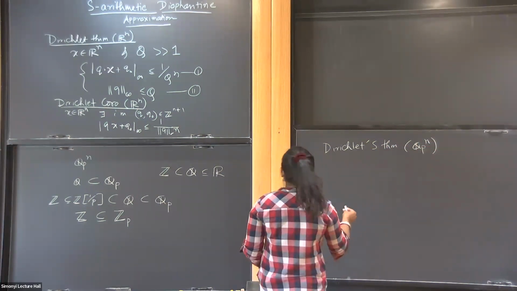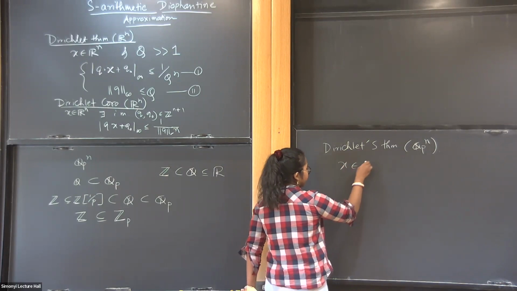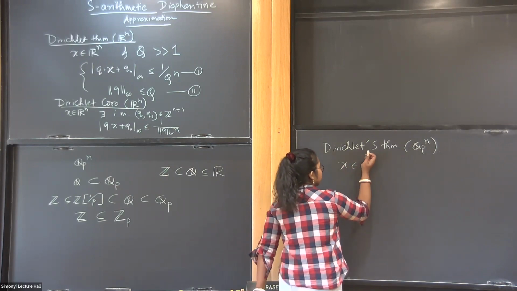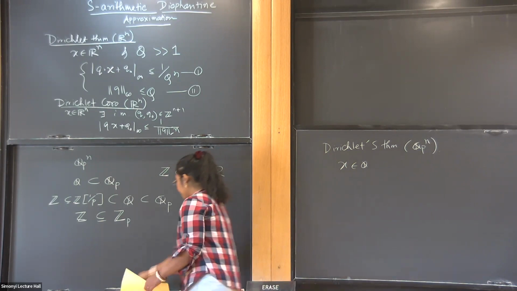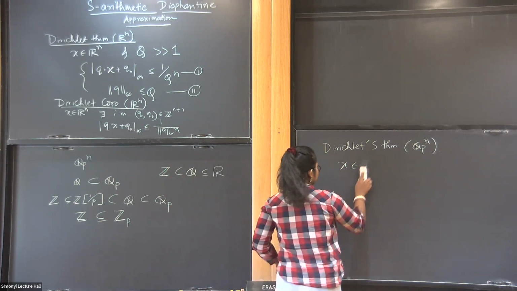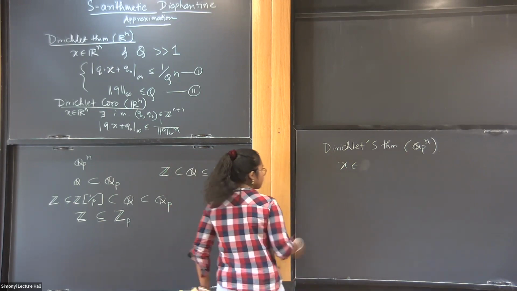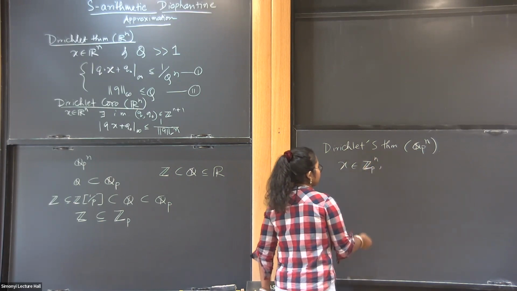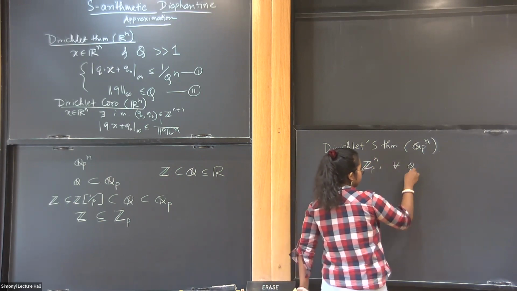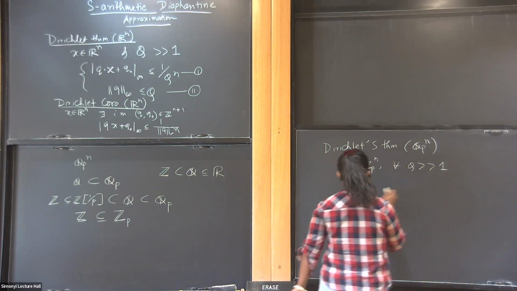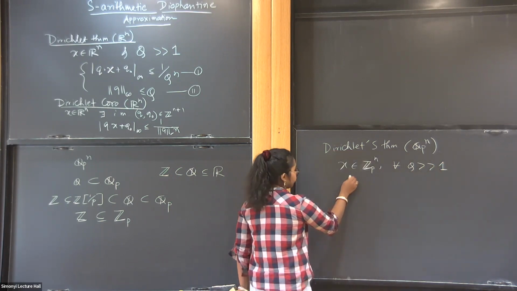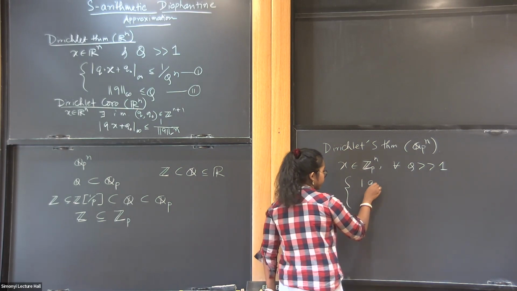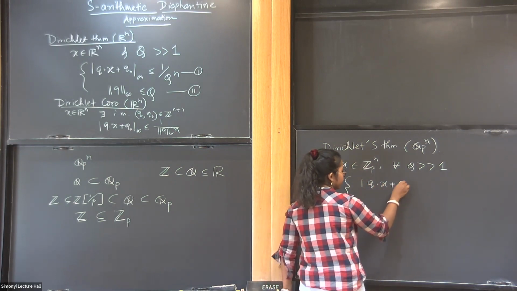Almost the same statement, x in Qp^n. So I'll say Zp^n actually. Then for all large Q, these two inequalities will have an integer solution.